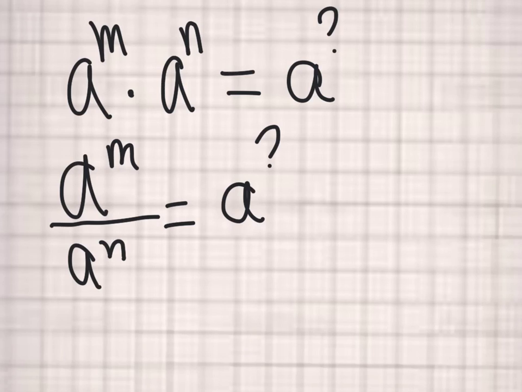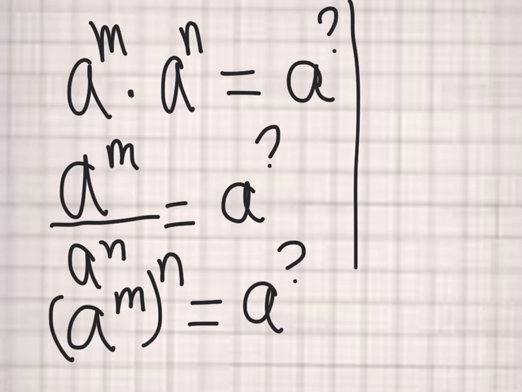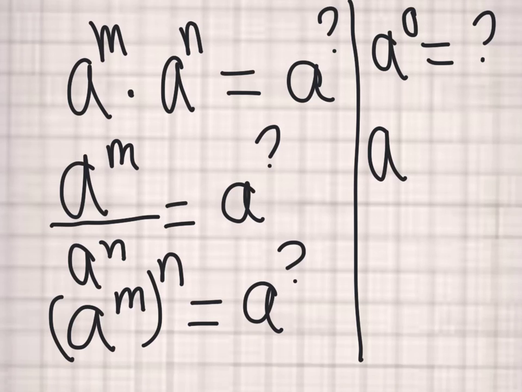The third law we're going to consider is a to the power m, all to the power n, equals a to what power? And then we're going to go to a to the power 0 equals what? And last one, we're going to consider a to the power negative n equals what?